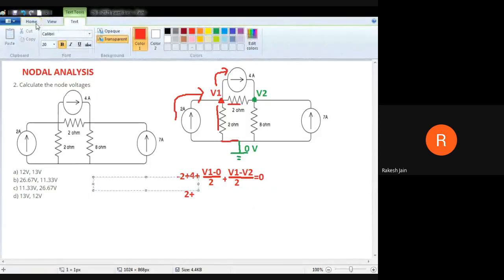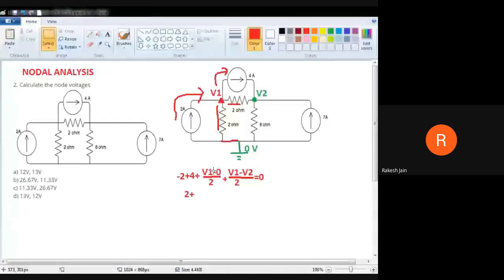So first of all I have to solve it. So I write -2 plus 4, that is 2. Then plus, the remaining things are as it is.